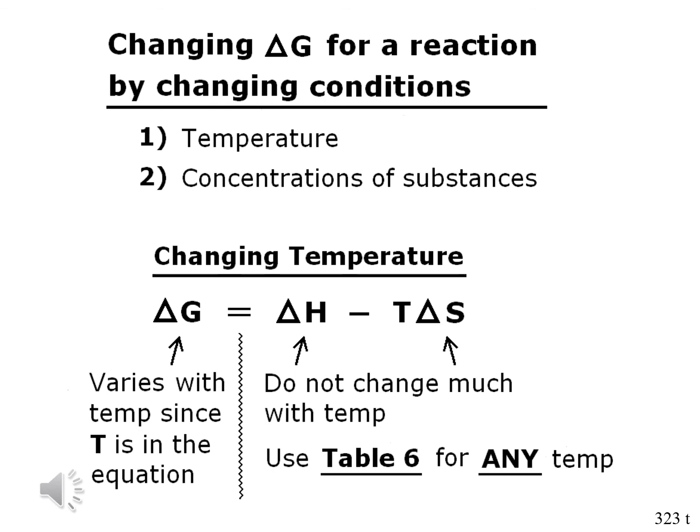For example, if you take a reaction and heat it, the delta S of the reactants definitely will go up, but the delta S of the products also goes up, and it goes up by about the same amount. And so when you subtract, you still get the same delta S. That's an approximation, but it's a very good one because people have tested hundreds of reactions and verified it.